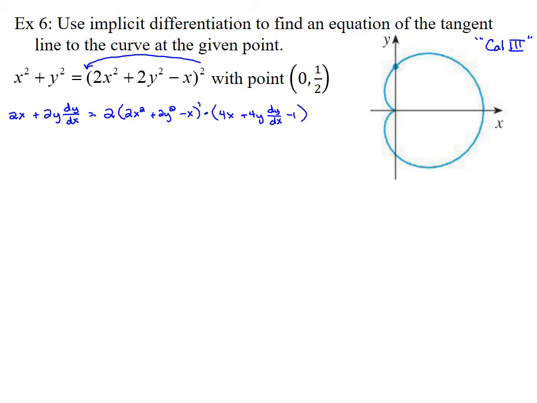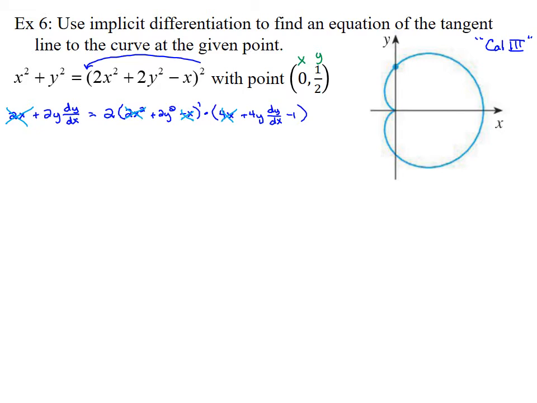Once again, that is really ugly, but don't try to rearrange anything. Since we're just looking for the slope of a tangent line, I am now going to let x be 0, which is great, and I'm going to let y be 1/2 everywhere in this problem. So essentially, anything with an x, I don't have to worry about. I'm going to cross a lot of things out here. This term goes away, this term goes away, this term goes away, and this term goes away. So you lost 4 terms without having to do anything. Now you have to worry about all the y's.